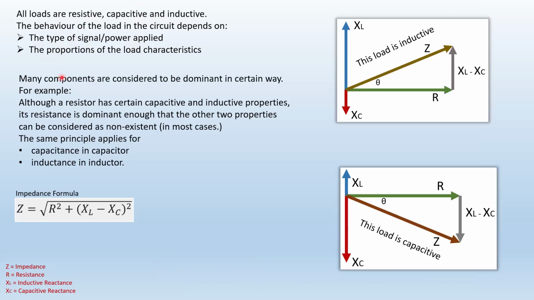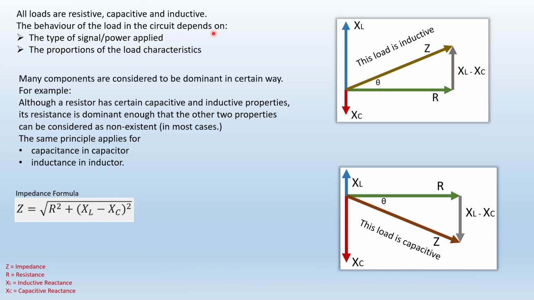When it comes to impedance, all loads are resistive, capacitive, and inductive. Everything will have a little bit of resistance because it's made out of a physical thing. Everything will have a little bit of inductance, which is characteristic of a coil. And we'll have some capacitance because we are made out of physical things.